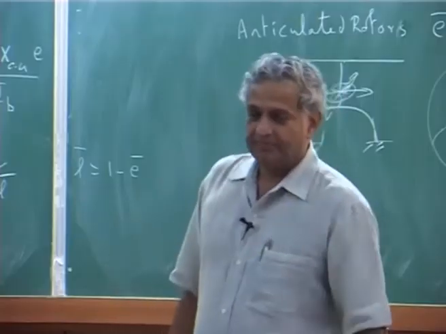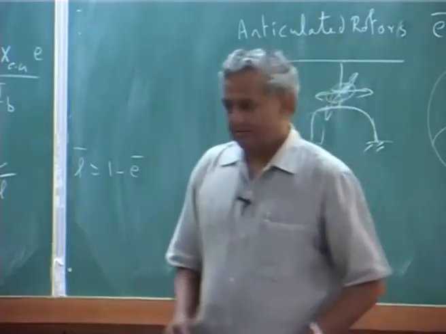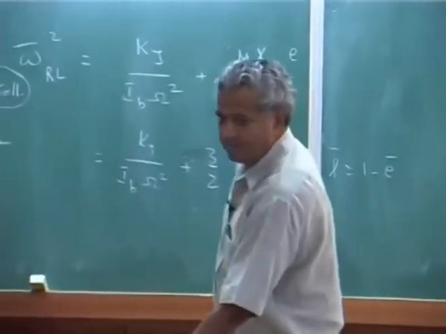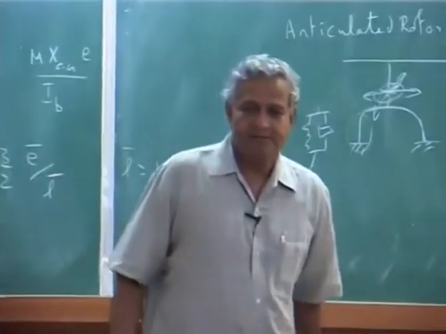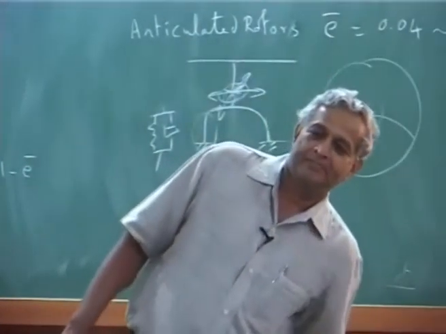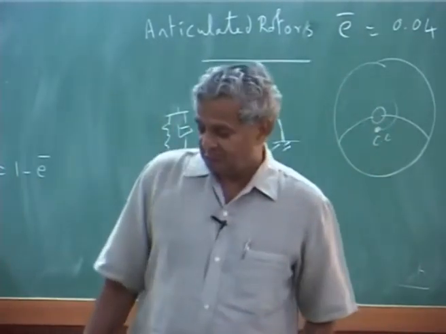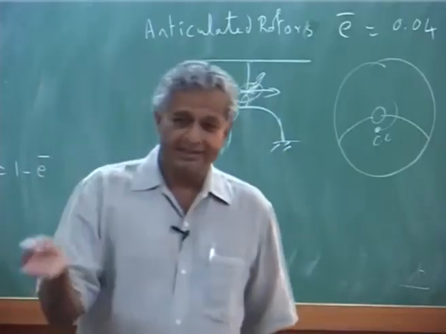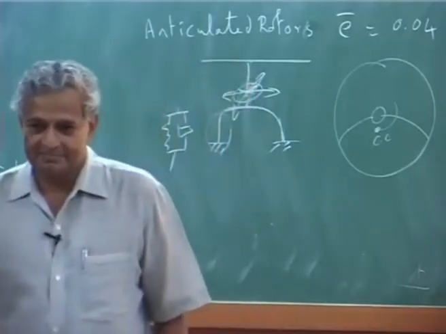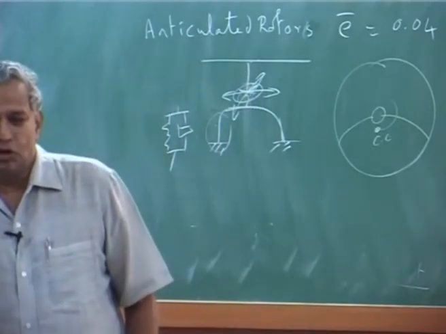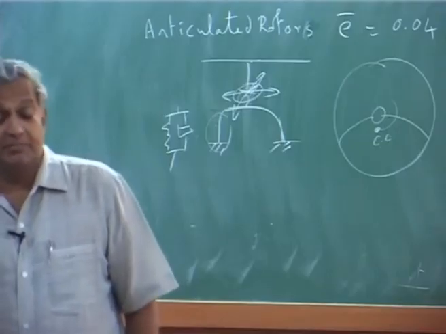Mm-hmm. So there is not much scope of weight reduction in the structure if we choose soft in plane tail rotor with this gap. See, load means not the mean load, vibratory load.